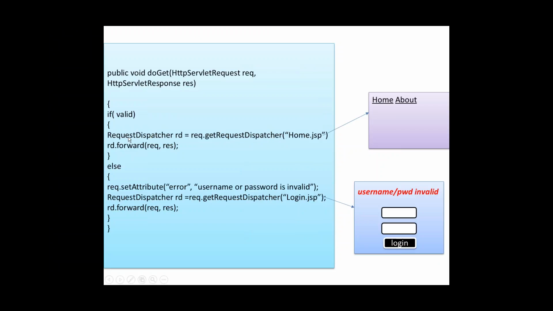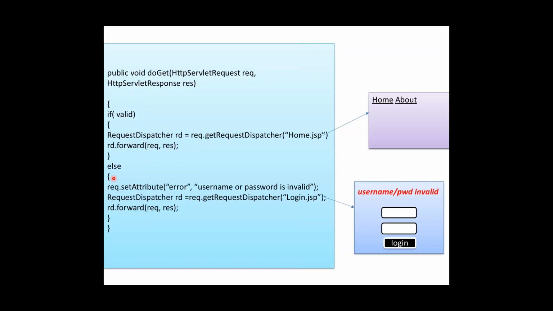If it is valid, we have got a request dispatcher. So you need to invoke request.getRequestDispatcher. You want to transfer the control to the home page, to whichever page you want. You call the name of this page, and then say rd.forward(request, response).